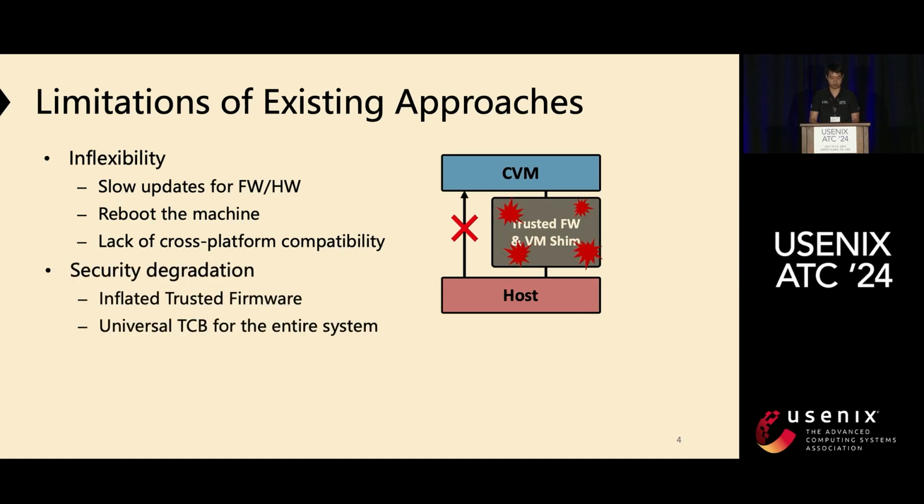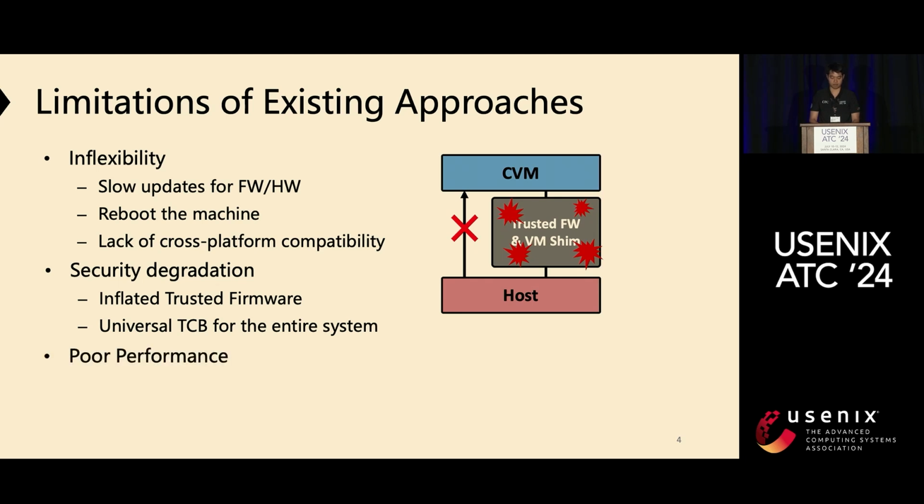Second, this approach enlarges the firmware's codebase and complicates its interactions with the host and the guest, making it more vulnerable to security breaches. Given that the firmware acts as the common TCB for the entire system, any reduction in its security poses risks to both the cloud providers and the tenants.